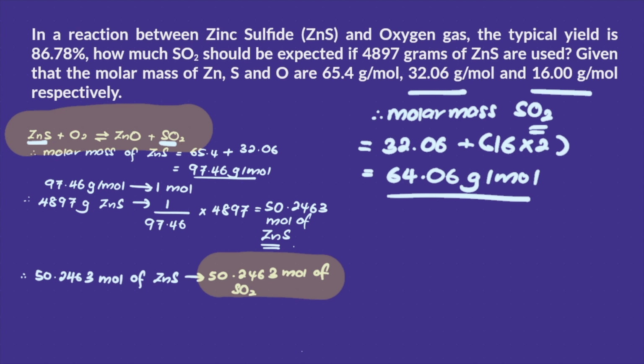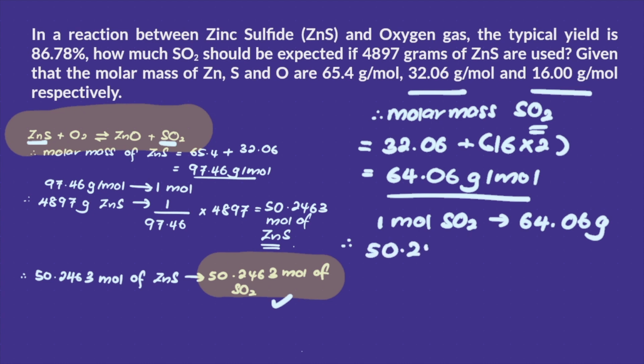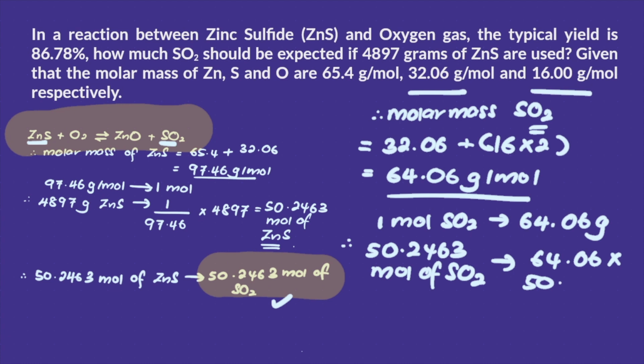So in other words, for 1 mole of sulfur dioxide, the mass should be 64.06 grams. Therefore, because we have 50.2463 moles of sulfur dioxide, you should have 64.06 times 50.2463.